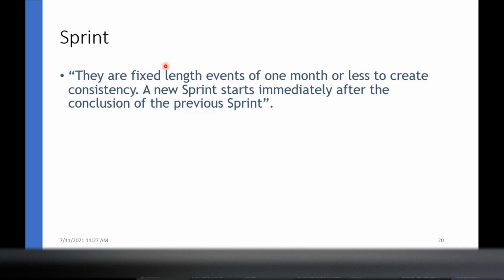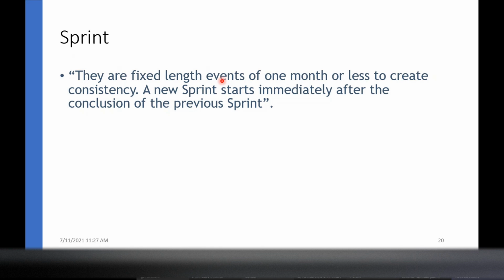So sprint is a fancy name for a story where you have a limited time with a limited scope. Your limited time is 1 month or less. Your scope is fixed length events.